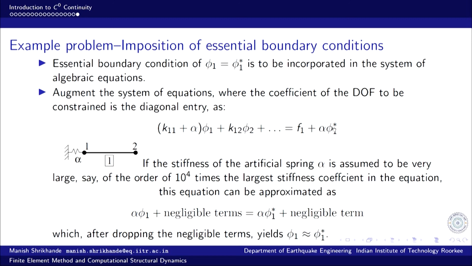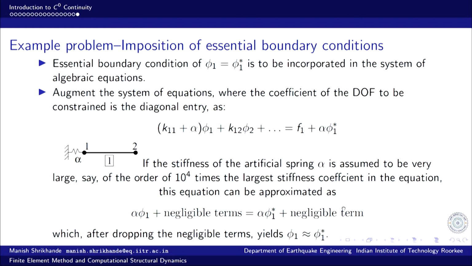Now, alpha is usually taken as a very large number, of the order of 10 raised to the power 4 or 10 raised to the power 5 times the largest stiffness coefficient k in these equations. Once we have this, the row actually looks like alpha times phi 1 plus some negligible terms, and the right hand side becomes alpha times phi 1 star plus some negligible terms.